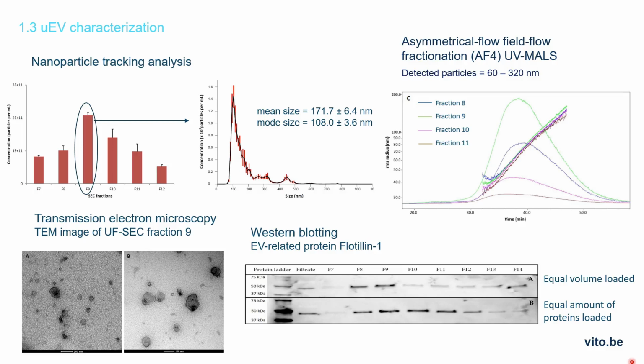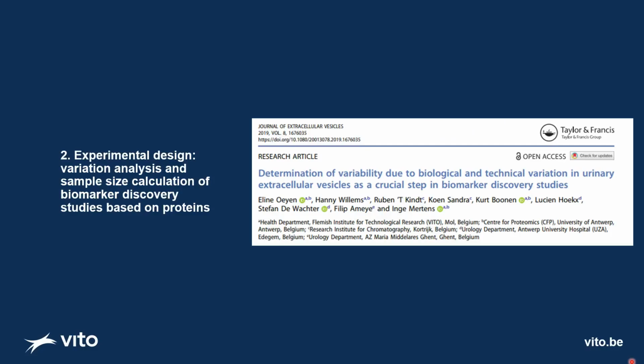If the line is flat, then you know that the protein content in your sample is below the limit of detection, so that probably your protein contamination is quite okay. Then in one run, you can also see the size of your vesicles and the concentration of the fraction. So it's a nice and complementary way of characterizing your SEC fractions.